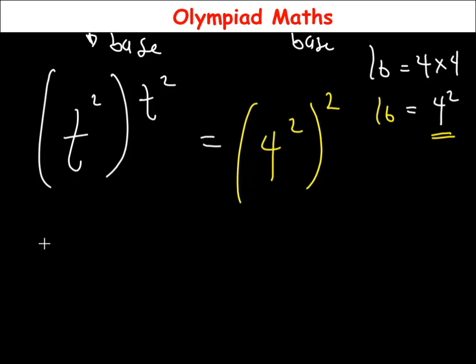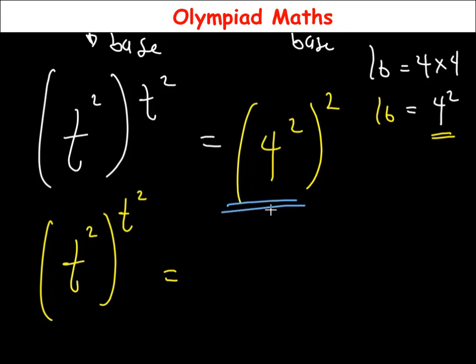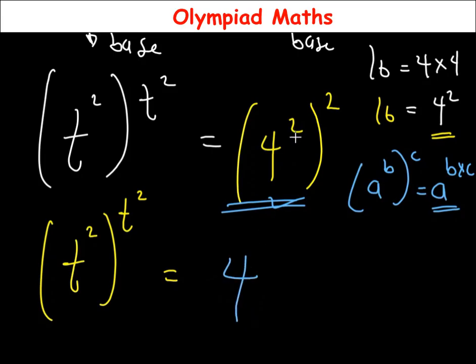So we then have it as, in brackets, t raised to power 2, all raised to power t raised to power 2, is equal to, now looking at this right here, there is a rule that if you have a raised to power b, all raised to power c, this is equal to a raised to power b times c. So applying this rule to this, we then have it as 4 raised to power 2 times 2, and 2 times 2 is 4.